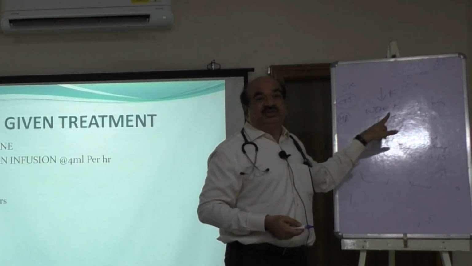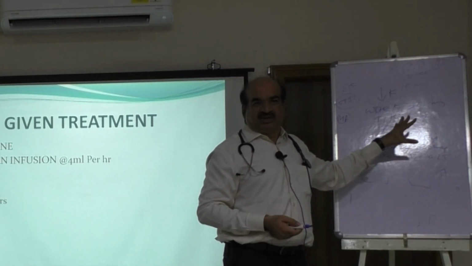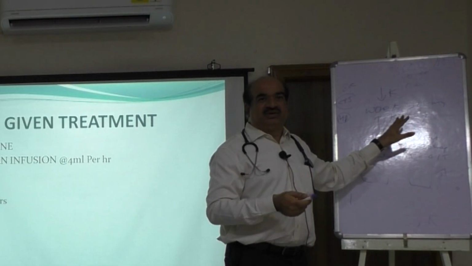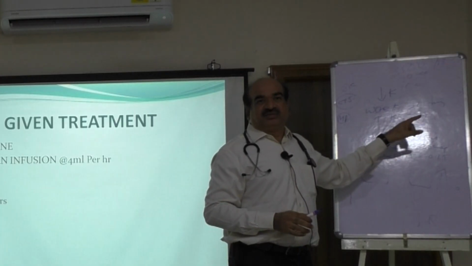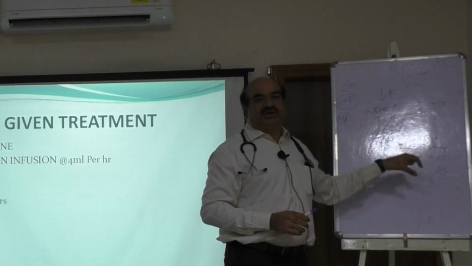Then we should check the transtubular potassium gradient. The transtubular potassium gradient we can easily calculate if we know the urine and serum potassium and urine and serum osmolality. If it is less than 3, that indicates an osmotic diuretic process.